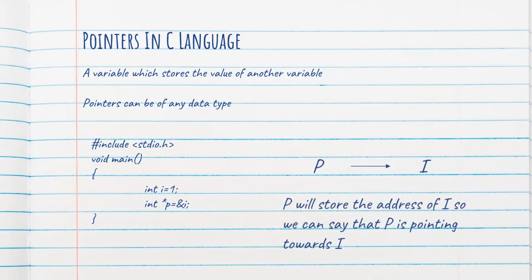So we can say that p will store the address of i, and p is pointing towards i. So pointers are basically used to just point to a variable that is present in the memory.